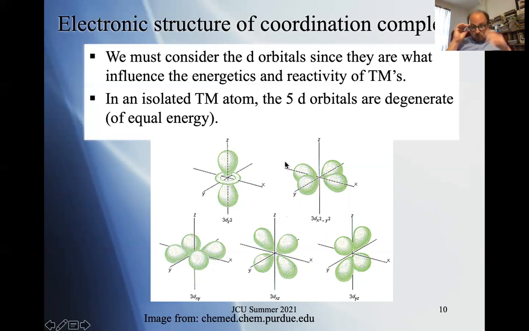Now, in terms of the orbitals, these are all going to have the same shape, whether it's 3d, 4d, or 5d. The only thing that changes is the size and the number of nodes.